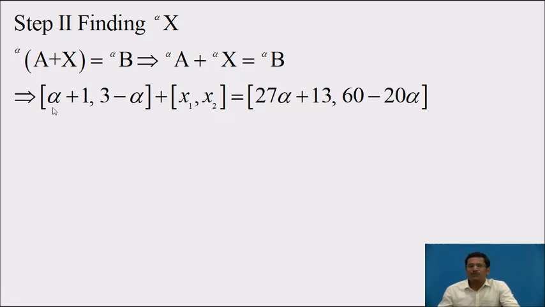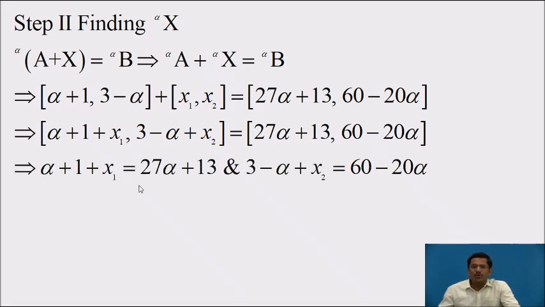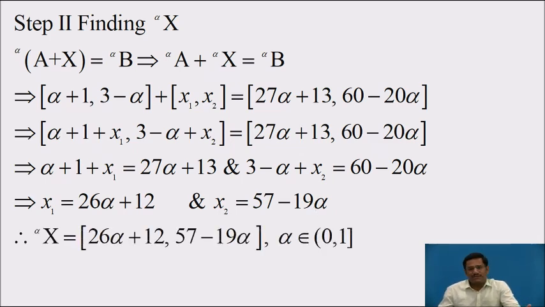Substituting all these values, we get a new equation. On the left side, adding these two closed intervals position-wise, we have this new equation. This is the equality between two closed intervals, so equating their initial and end points, we have two different equations. Solving the first equation for x1 and the second for x2, we get x1 as 26 alpha plus 12 and x2 as 57 minus 19 alpha. Once we know x1 and x2, we know the alpha cut of x.